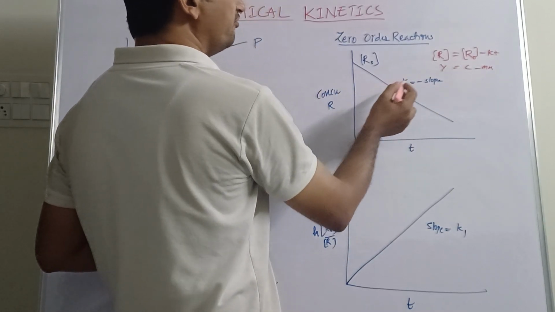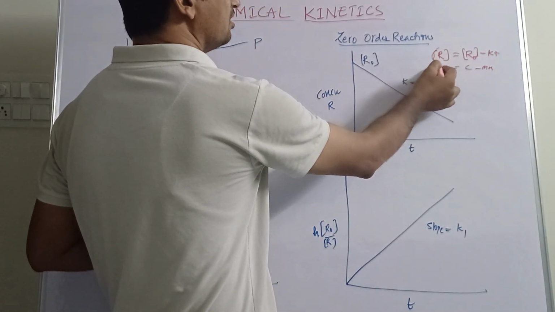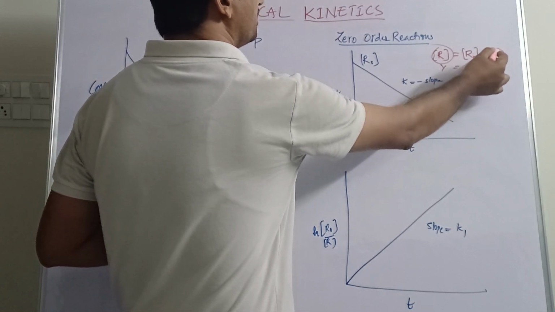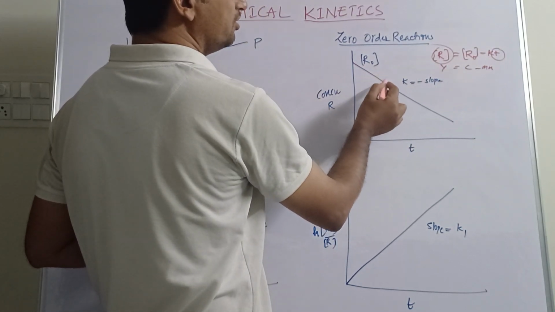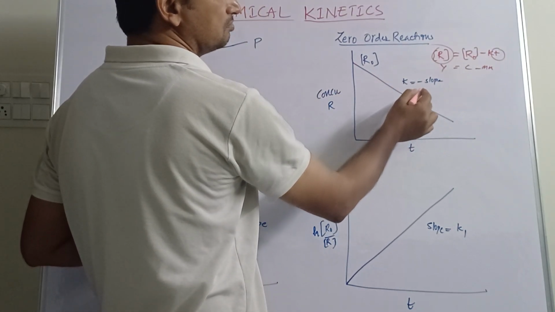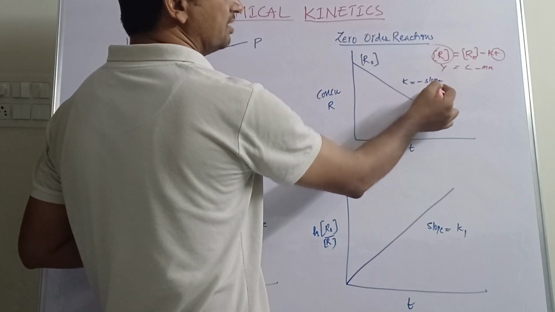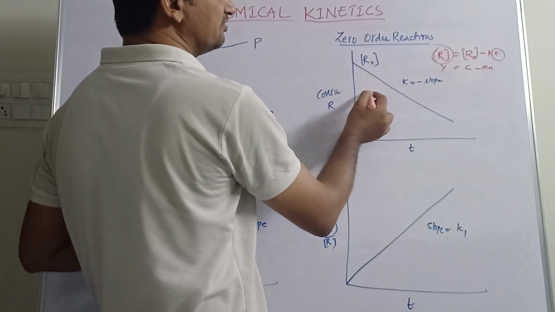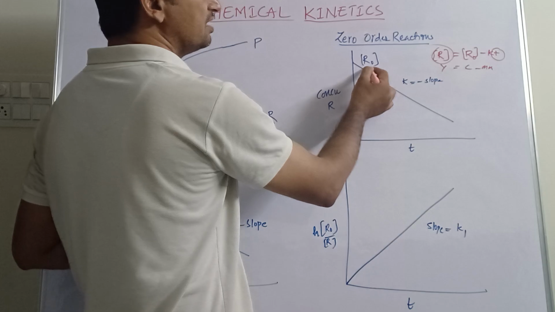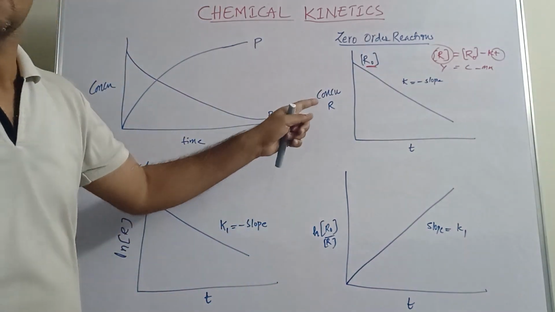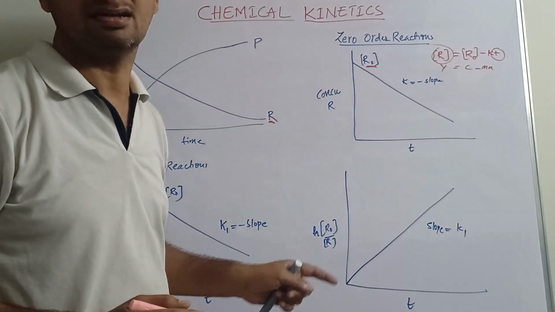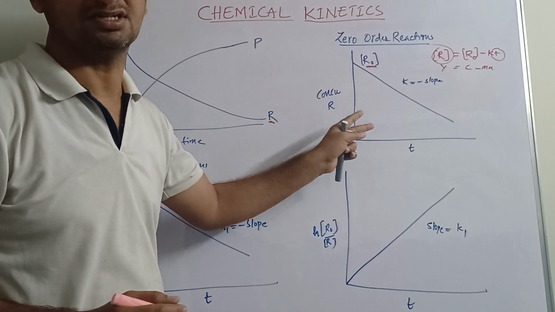Now we plot the graph, concentration of R versus time. So you are going to get negative slope, and also this intercept will give the initial concentration of the reactant.